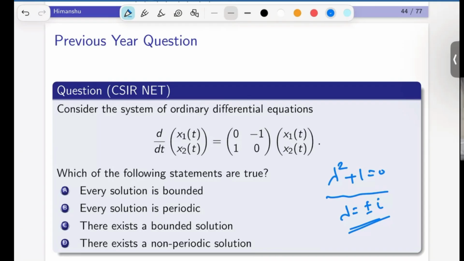Just by directly reading the question, you can tell the answers without even solving it. If you read the question carefully, then you can directly tell the answers. Can anyone tell me how we can do that?